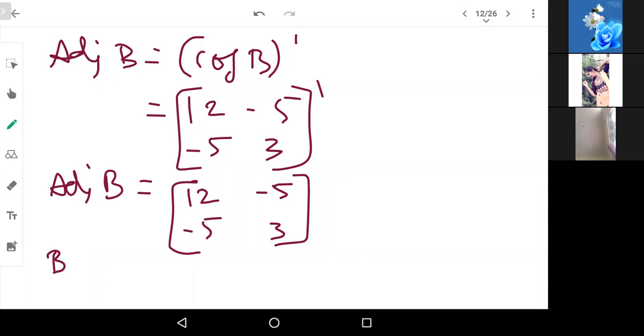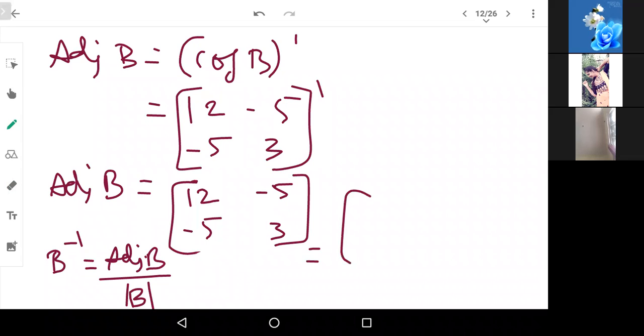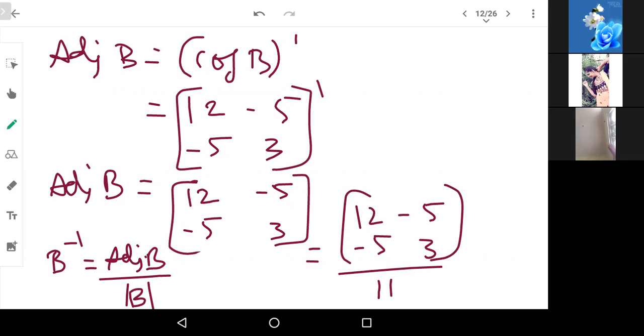So B inverse is equal to adjoint B divided by determinant of B, which is nothing but, I'll write it here, 12, -5, -5, 3 divided by 11. So 12 by 11, -5 by 11, -5 by 11 and 3 by 11. So this is the B inverse.